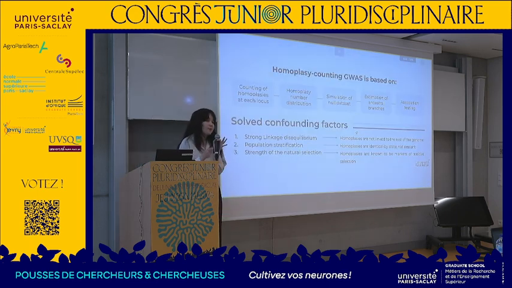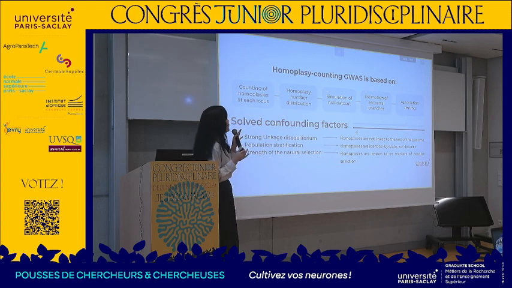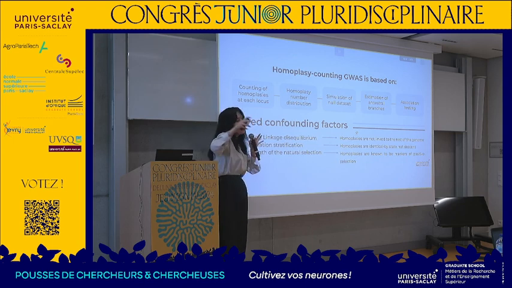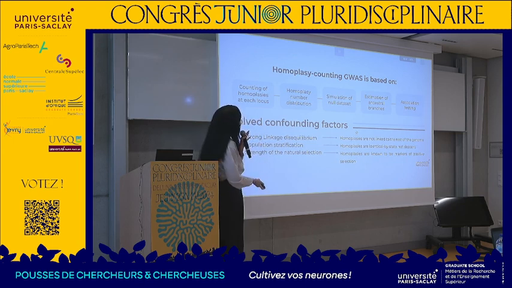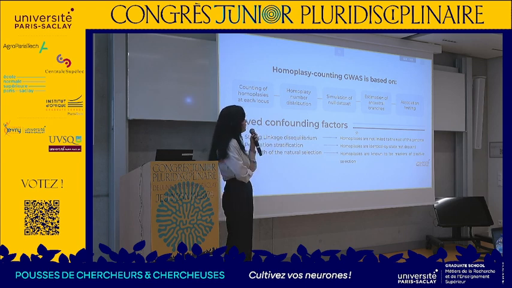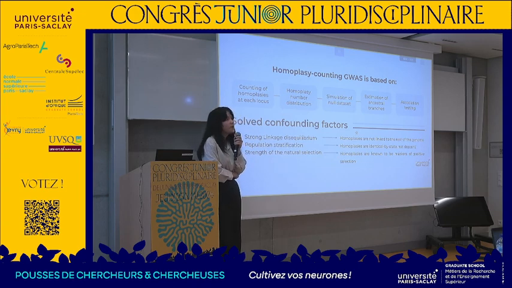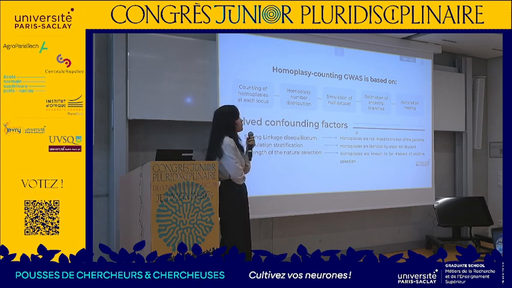The basic pipeline of any homoplasy counting GWAS is based on counting homoplasies at each locus in the whole genome map. Then we calculate the empirical distribution of the homoplasies, and based on this distribution, we create a null data set where we make a randomized resampling, similar to multiple resampling testing.